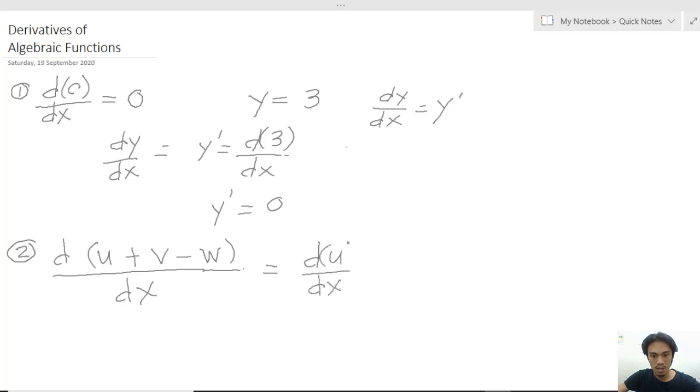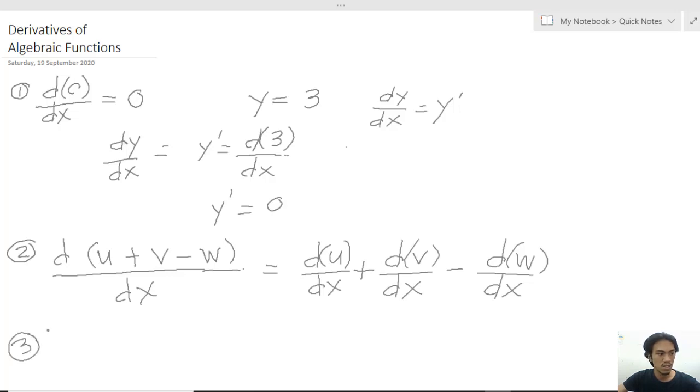Of course, you copy the sign or the operation. This is positive. Derivative of v with respect to x minus the derivative of w with respect to x. So that is the second part. You can give examples later on.